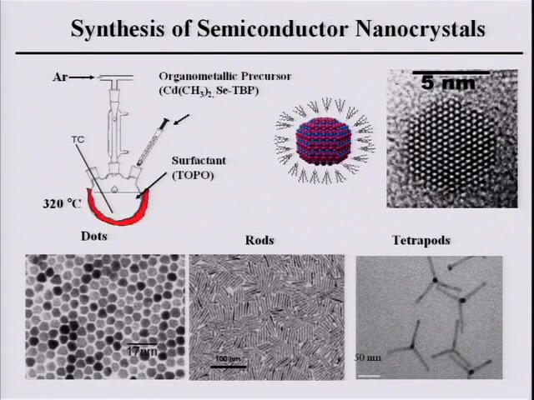You can inject molecular precursors into this flask, and these precursors decompose, nucleate, and grow into these so-called zero-dimensional nanostructures. Depending on what kind of molecules and surfactants you have in solution, you can produce spherical quantum dots, nanorods, a one-dimensional structure, or even branched structures. In this case, it has 4 arms, and we call it a tetrapod.